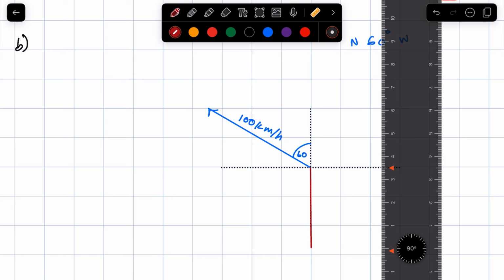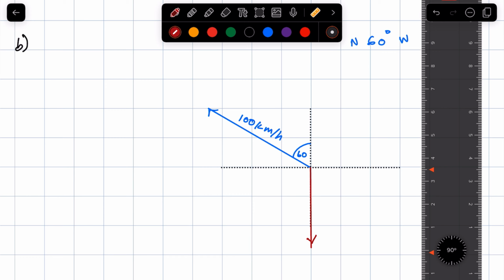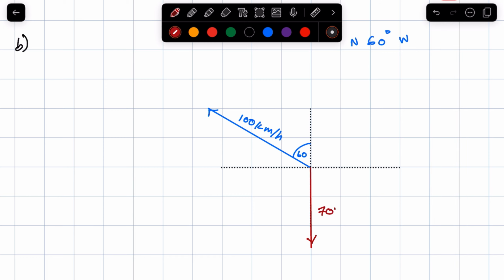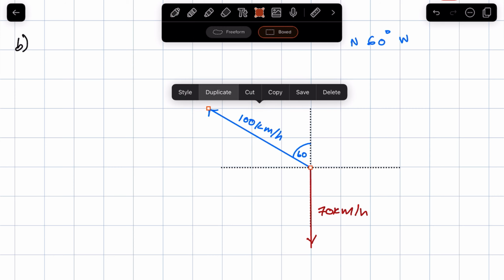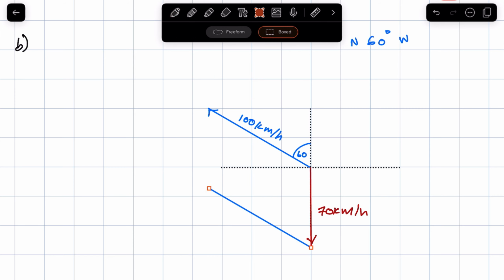And then there we have the 70 kilometers per hour. 70 kilometers per hour, right? And then now we have to complete our parallelogram. Completing our parallelogram, so we have this vector there, and then we have this vector to complete the parallelogram.